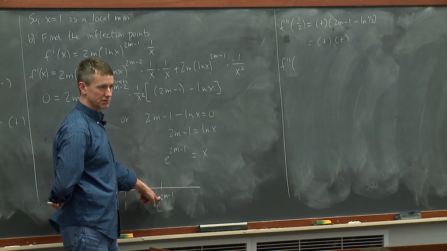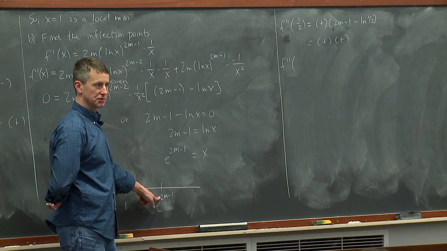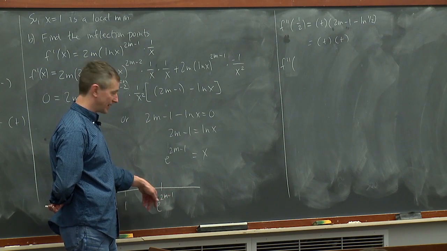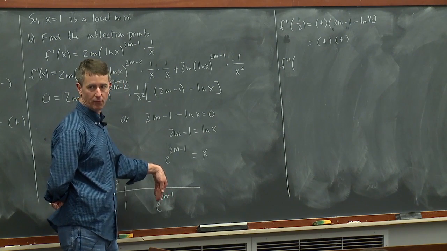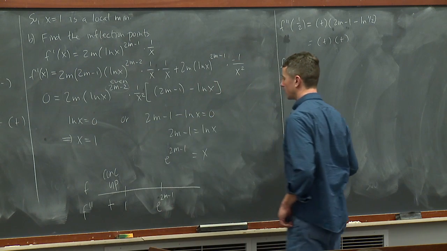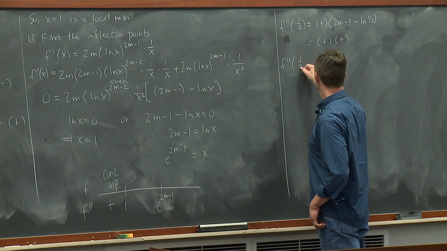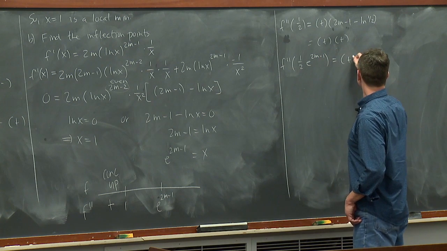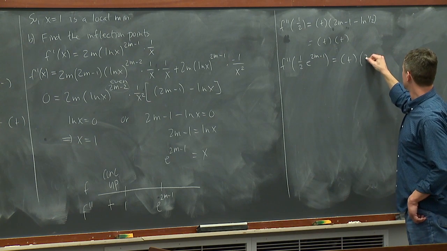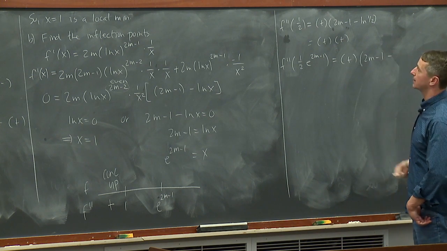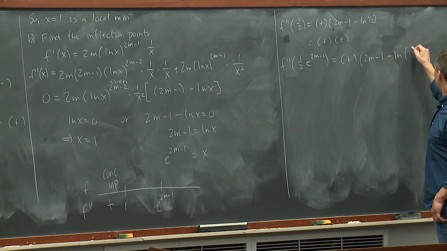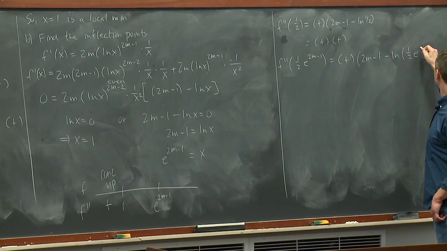The smallest that 2m minus 1 could be is 1, right? So this is at least e to the 1, which is 2.7 something. If I cut 2.7 something in half, I'll definitely be on the right side of 1, right? So we could do 1/2 e to the 2m minus 1. We'll get a positive 2m minus 1 minus ln of that nice number you just told me.